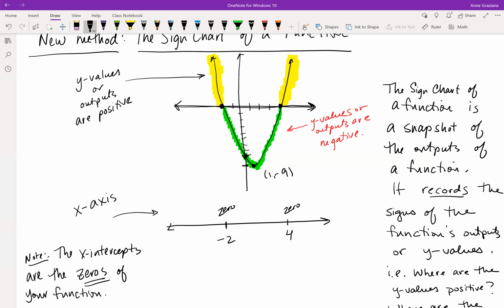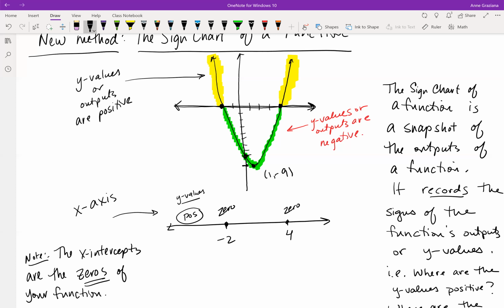So I really only care to put on my sign chart the stuff that is actually on my x-axis. Yes, very good, Marianne. So he's right, this is the point where the graph changes. Before -2, my y values are positive.